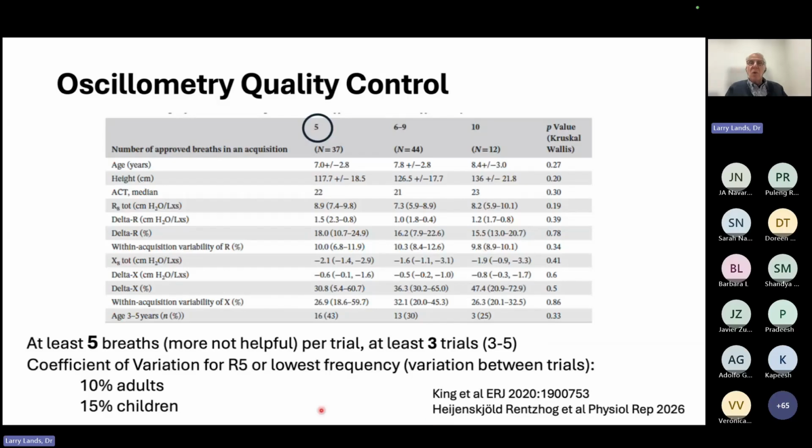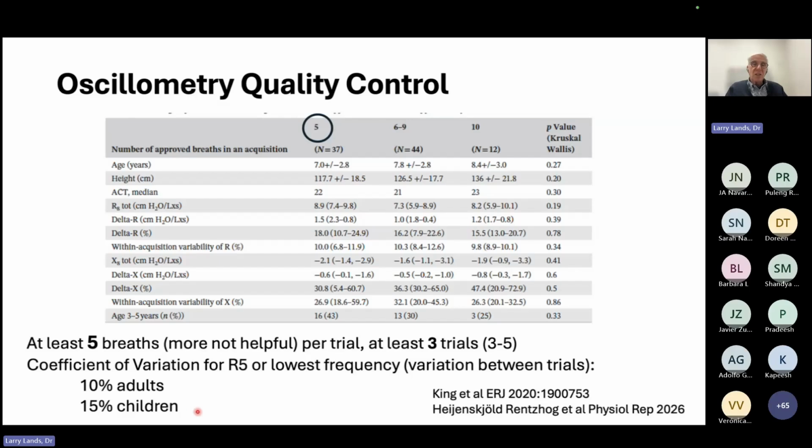But the way quality assurance is assessed is the coefficient of variation at the R5, or if you're using R7, the lowest frequency you're measuring, the variation between the trials. That coefficient of variation needs to be at most 10% in adults.